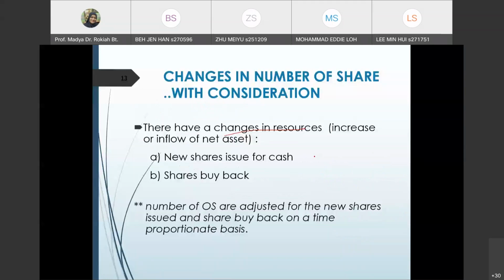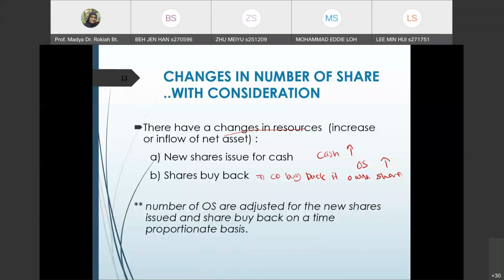The other one is a share buyback. Share buyback here is where a company buys back its own shares. When it buys back its own shares, cash is going to be reduced, and then ordinary shares are also going to be reduced. So we're going to debit ordinary shares and then credit cash.